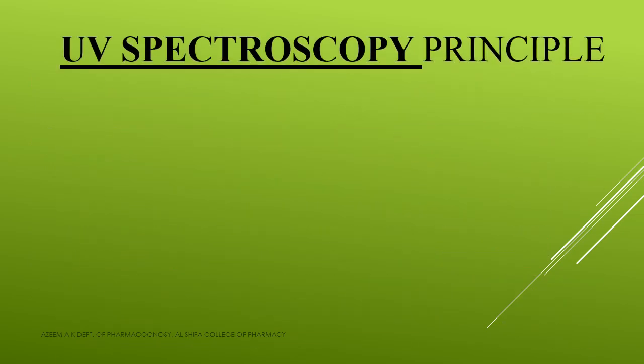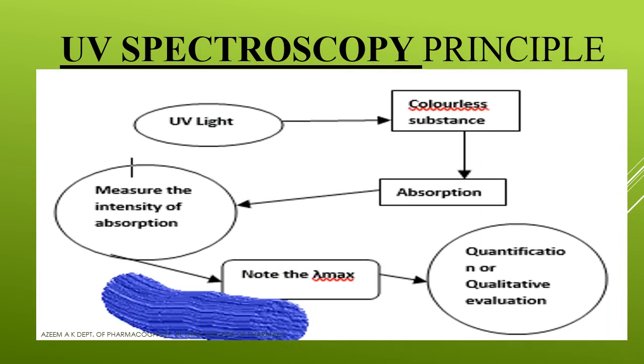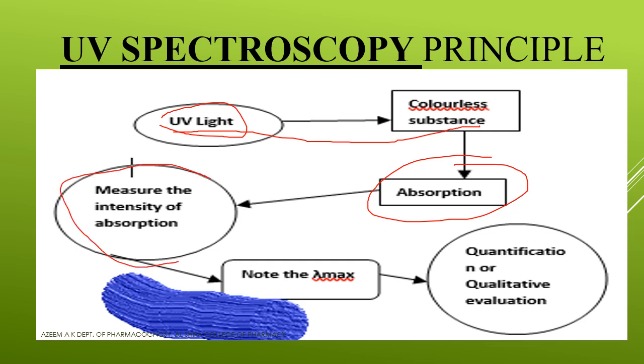Now we can see the working principle of UV spectroscopy. See this graphical diagram. UV light should be passed through a colorless substance, since only colorless substances can be taken for analysis. When light is passed through a colorless substance, absorption will take place. At this time, measure the intensity of absorption, the optical density, and note the lambda max.